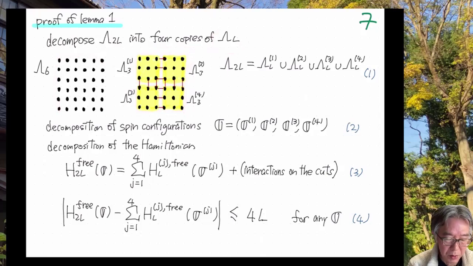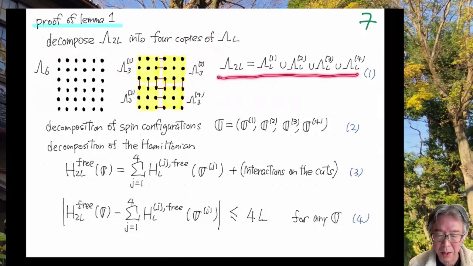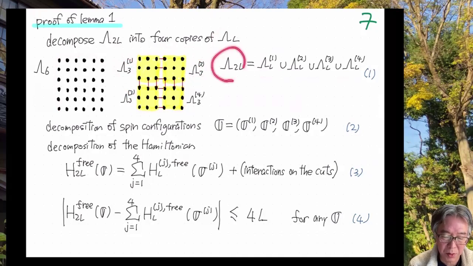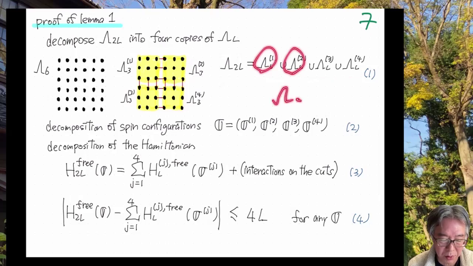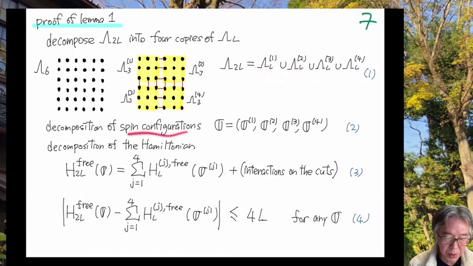These are identical to lambda 3, but if I simply write lambda 3, it's quite confusing. So let's add an extra index and call these lambda 3 1, lambda 3 2, and so on. In general, we have this decomposition: the lattice lambda 2L is decomposed into 4 copies of lambda L, which are all identical to lambda L. Correspondingly, we can decompose the spin configurations.